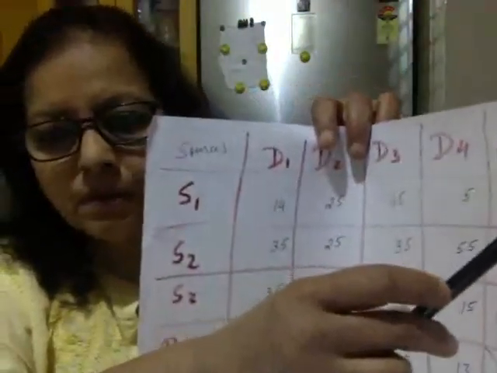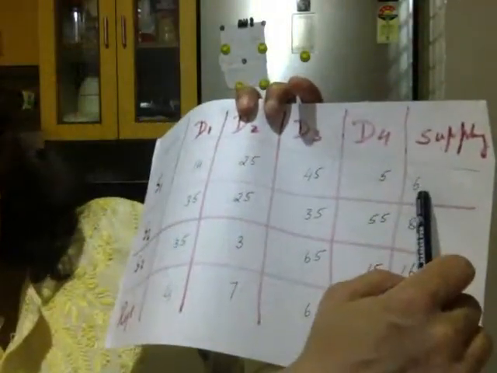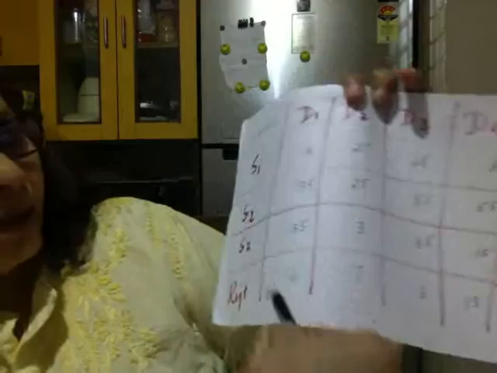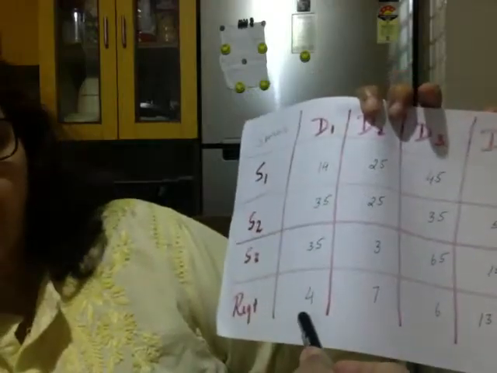Look at S1 D1. S1 has a supply of 6, and D1 has a requirement of 4.